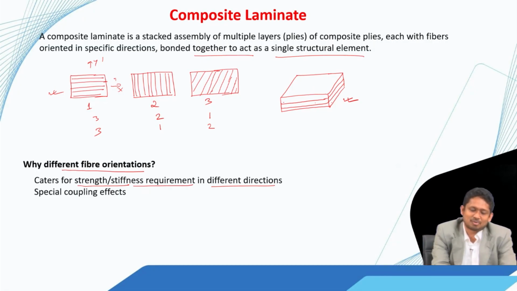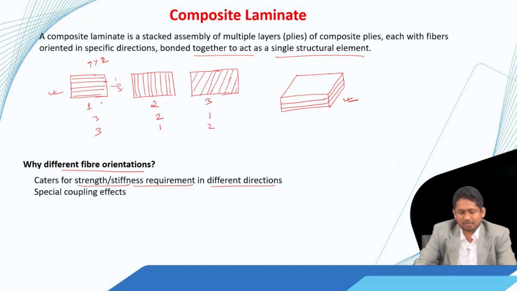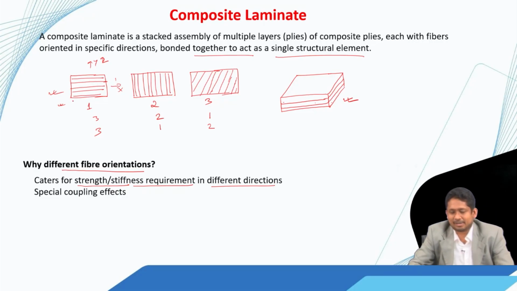So, this can take more load in direction 1, and in direction 2 or direction y it can take less load. Now, if I take only this kind of ply and make a laminate, then the resulting laminate would have more stiffness and more strength in one direction, and it would be relatively weaker in the other direction.